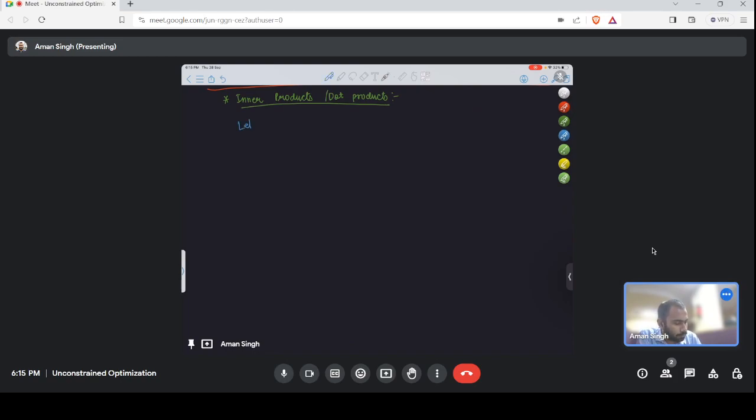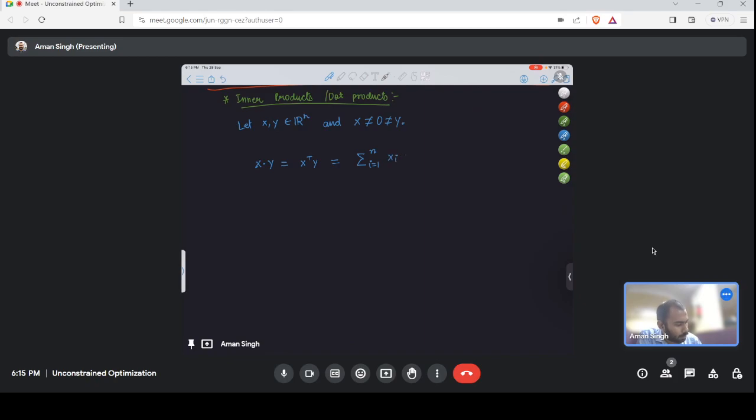Let x, y belong to Rn, with x not equal to 0 and y not equal to 0. The inner product is written as x dot y or x transpose y, and it is given as the sum of xi times yi from 1 to n.